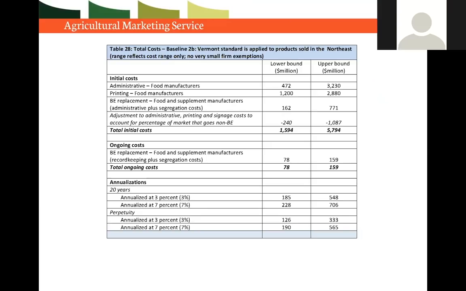The rule required that transportation and storage systems be designed to segregate BE and non-BE foods. Though Vermont is a small state with less than 0.2% of the US population and 0.17% of the US GDP, industry leaders and analysts projected widespread application of its GE labeling standard.